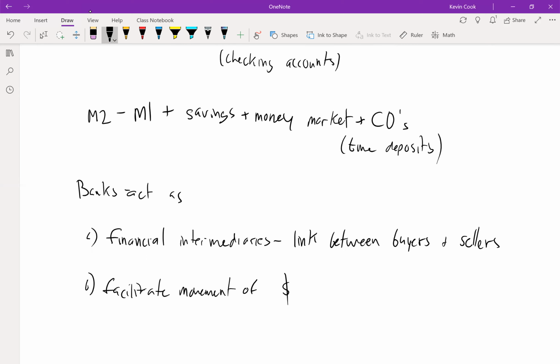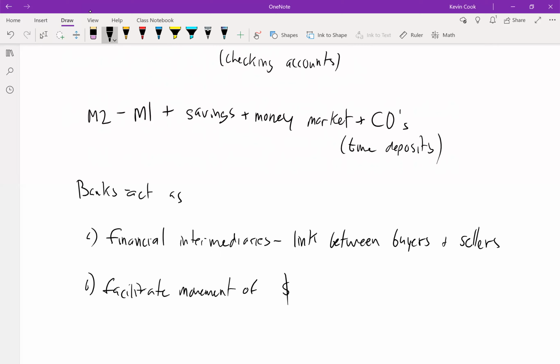If I go out and buy something using my credit card or my debit card, online or in general, I don't have to carry $100 on me all the time if I'm going out to buy a $100 product. Instead, I use my debit card, and the bank will move that money to the vendor's account for me. So they help facilitate that movement.